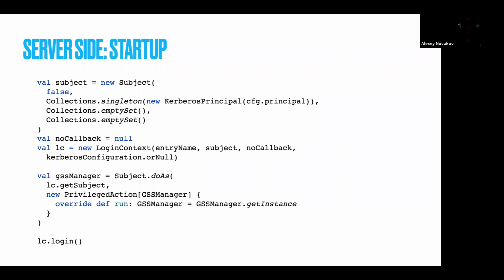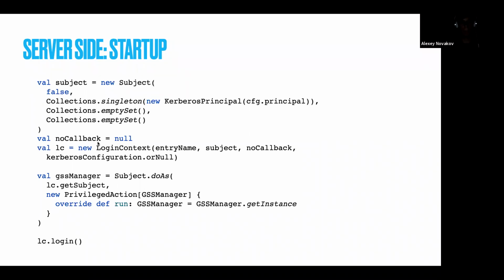In the final implementation of this function that makes the authentication, one of the functions in the flow that we've seen for our token flow, the auth middleware, is going to be doing something like this. This is Scala code, but it's using those Java classes, the Java API. That is what we do on the server side while we're starting our server. Our server also needs to be authenticated against the realm, against the Active Directory, using the Kerberos protocol.